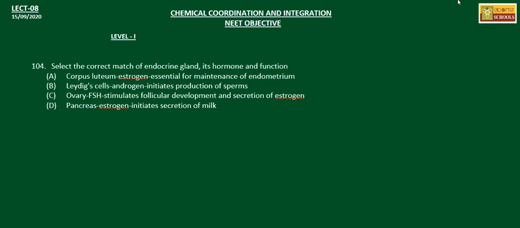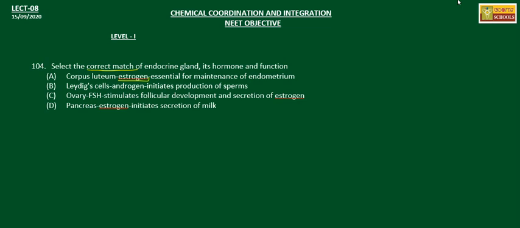Next question: select the correct match of endocrine gland, its hormones and function. Let's see the first option, corpus luteum, estrogen. No, corpus luteum does not produce estrogen, it produces progesterone, and that progesterone will help in maintaining pregnancy.